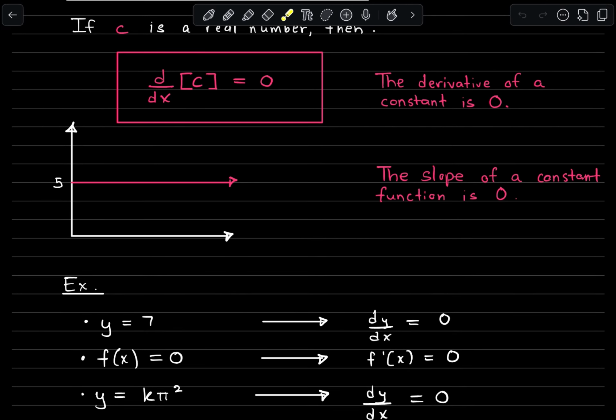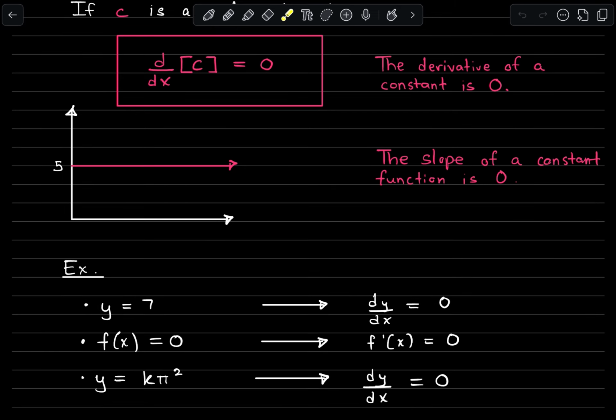Okay, we've got some examples here. Suppose we had something like y equals 7, its derivative is 0. Even if you had a function where f of x is equal to 0 already, its derivative remains 0. So 0 is just a real number, it's just a constant, its derivative will also be 0.